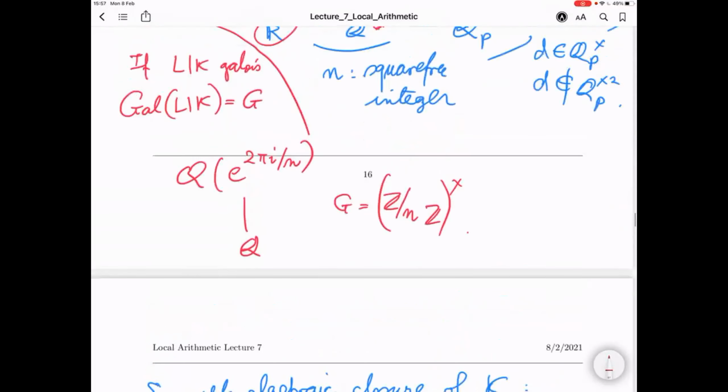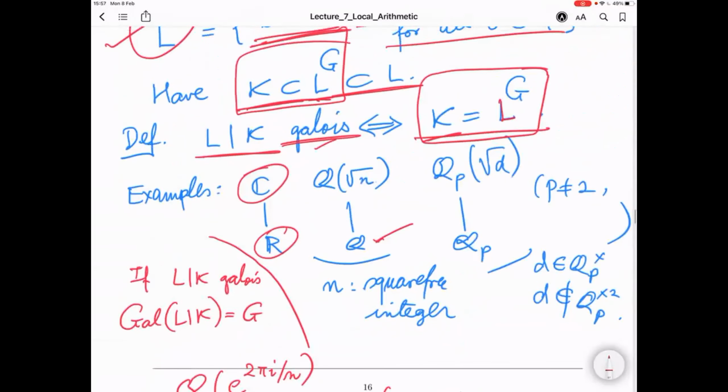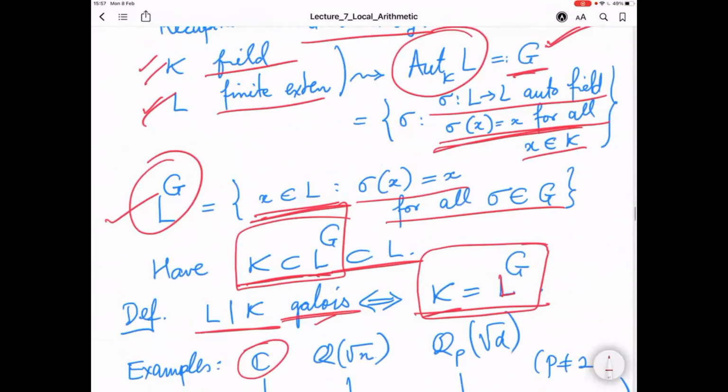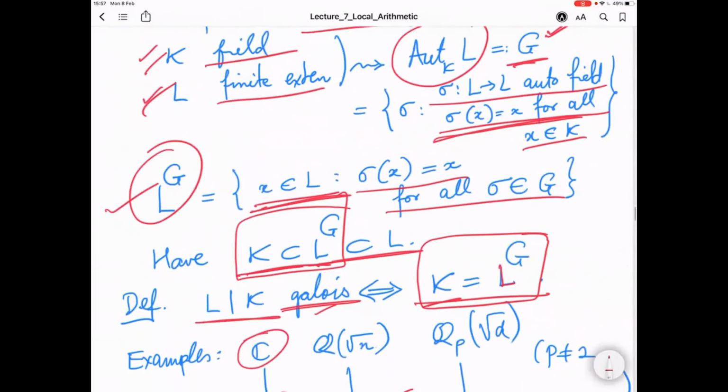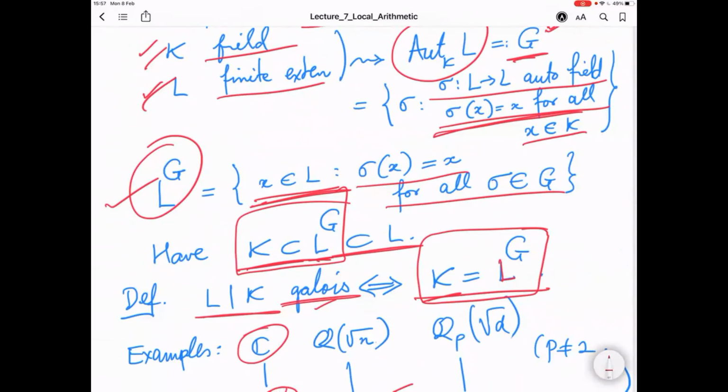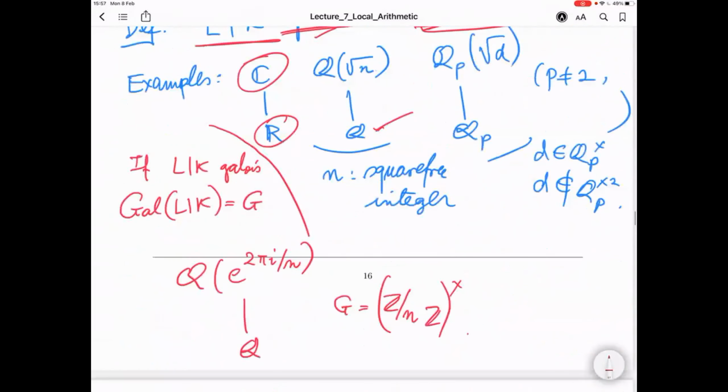So this is the notion of a Galois extension of a field. It's a finite extension having the property that the fixed points of the group of K automorphisms is equal to K. And here are some examples.